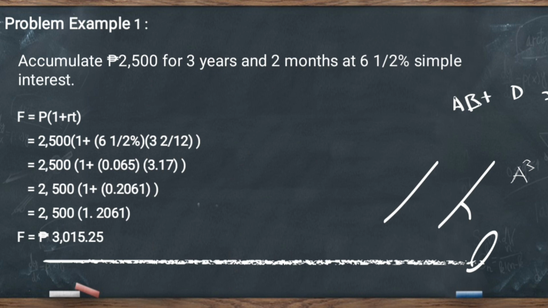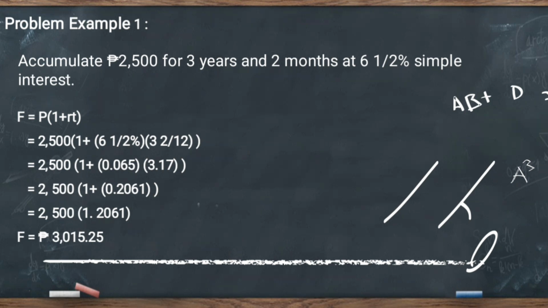For P, we have 2,500, and for rate, we have 6.5%, and for time, we have 3 years and 2 months. Take note that since the given time involves months, we are going to divide it by 12. Since 12 is the number of months within a year.